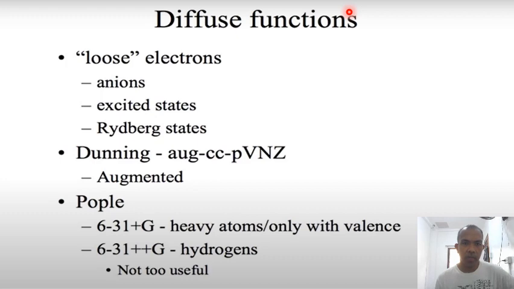Maybe we have an anion, with extra electrons that are usually not held tightly. Or maybe we are computing an excited state, where we've taken something out of a bonding orbital and put it presumably into a bonding orbital, or a loosely held orbital.